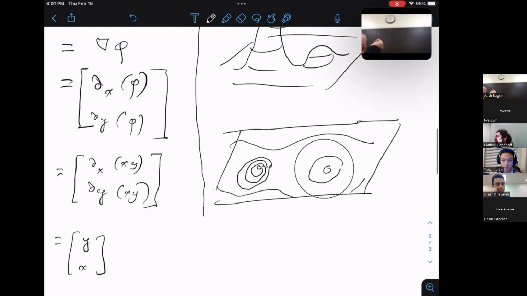This is very schematic, not very accurate, but it means it's steeper here and less steep here. That means the circles will be spread out further here, and here they will be close knit together.